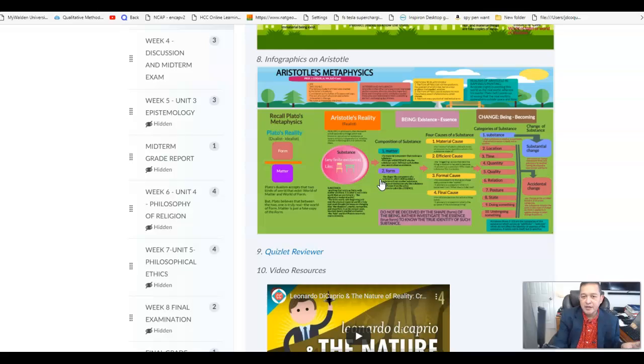Some things that look like it may not really be what we know. So you have to understand the essence. So form here implies essence. What is essence? Essence is the unique identification of a thing.